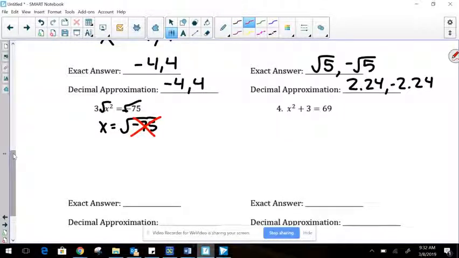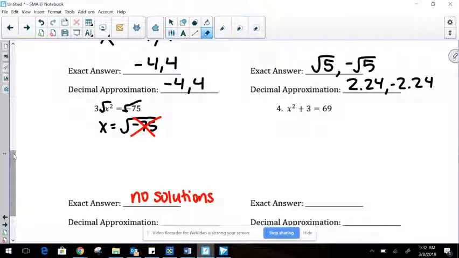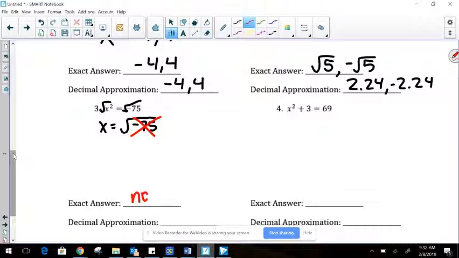Okay, these are imaginary numbers. We're not even going to deal with that in this class. So for now, we are writing no real solutions.